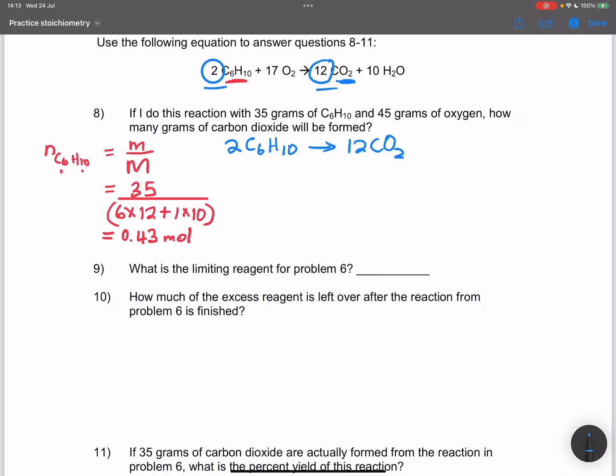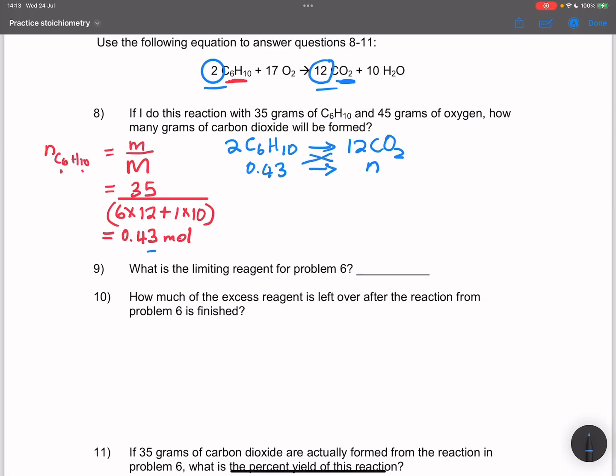So how many moles? For 0.43 moles, the moles of hexane, C6H10, how many moles of carbon dioxide am I going to produce? I'm just going to use that as N. So I cross multiply.